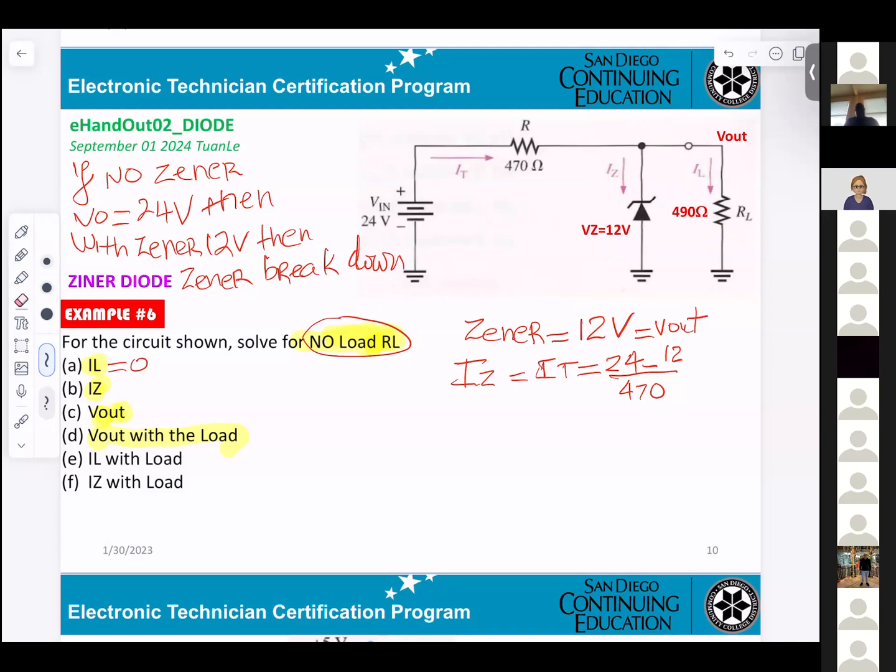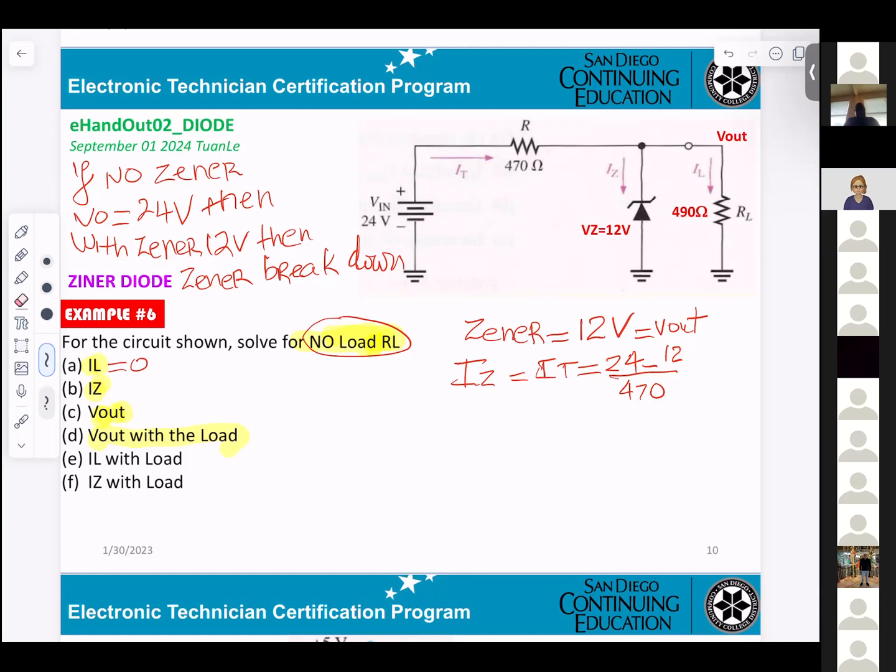First thing, again, you have to know whether the Zener is in breakdown or not. Yeah, the Zener's in breakdown? I don't know. How do we know? How can we solve that problem? Again, okay, one more time.